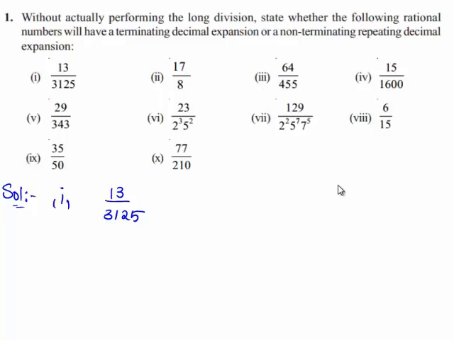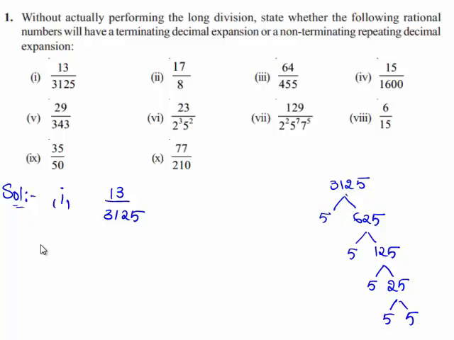Therefore, we shall factorize the given denominator, that is 3125. This can be written as 5 times 625, and 625 can be written as 5 times 125. 125 can be written as 5 times 25, and 25 can be written as 5 times 5.